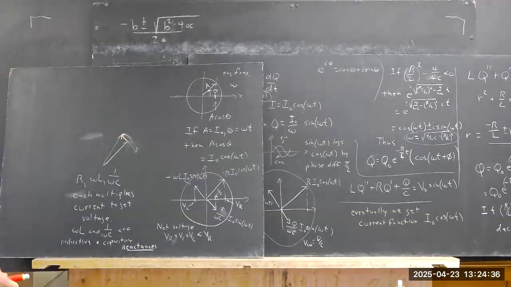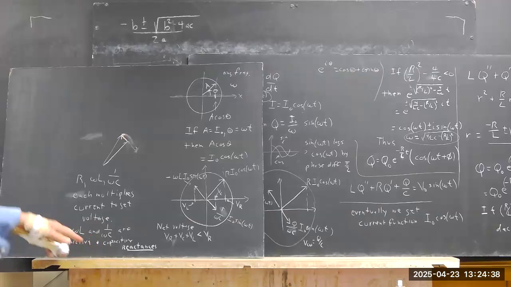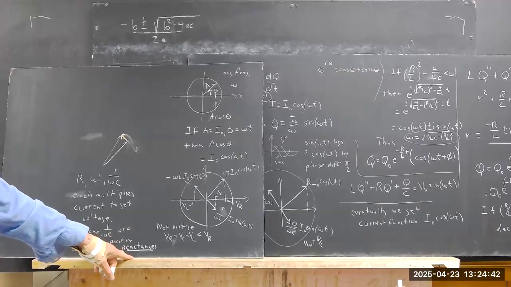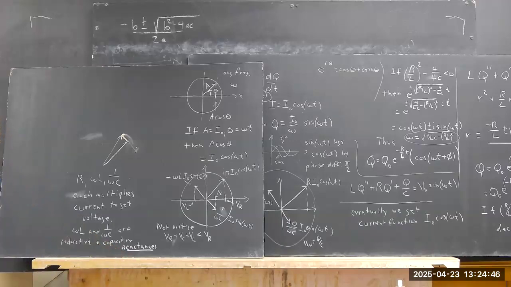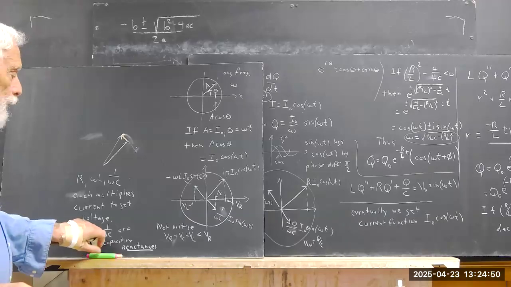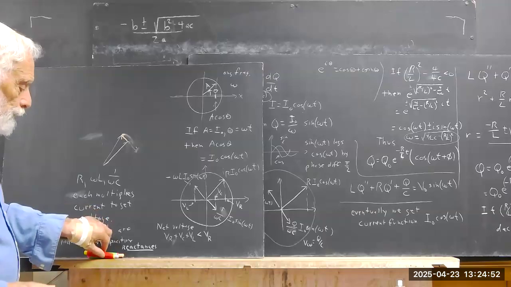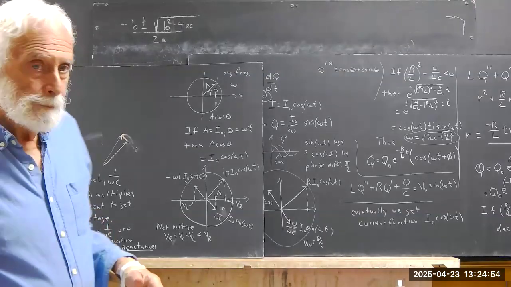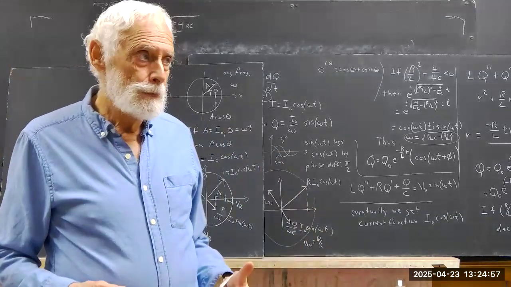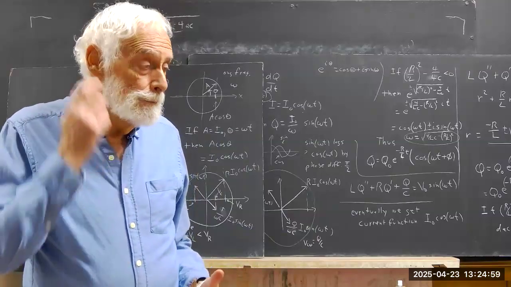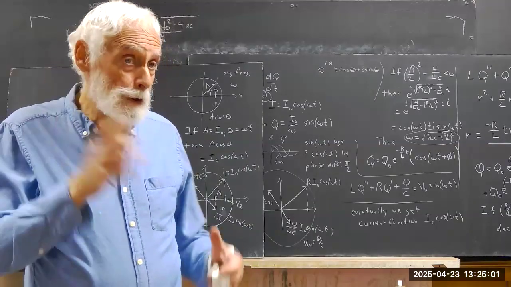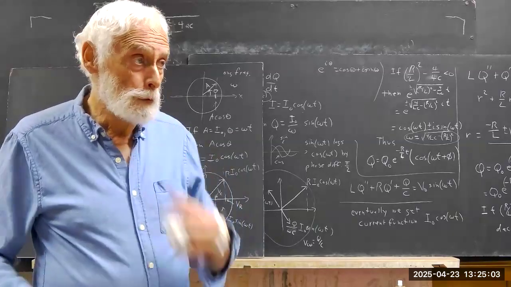Or what we call inductive and capacitive reactances. They act sort of like resistance. So let's imagine that you have a capacitor and you're running an alternating current through it.